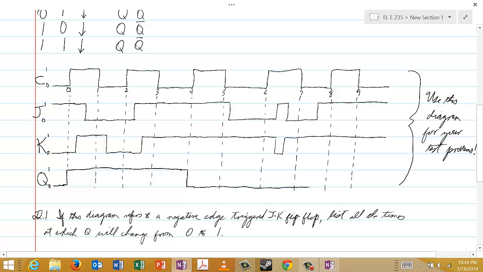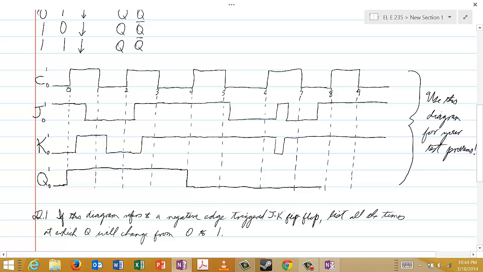We can extend the line all the way over until just before the next positive edge, which occurs here at time 8. And at that positive edge, we see that J is equal to 1 and K is equal to 1. We know that J equal to 1, K equal to 1 is the toggle condition.